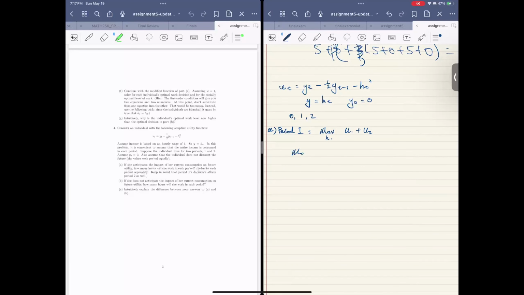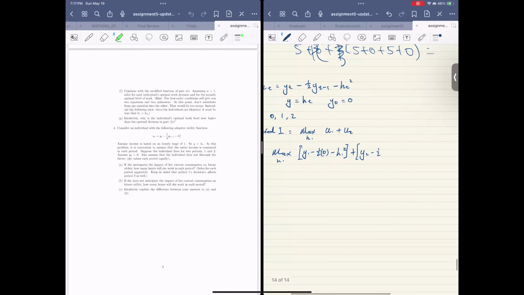So we'll have max over H1 of Y1 minus half 0 minus H1 squared plus Y2 minus half Y1 minus H2 squared.